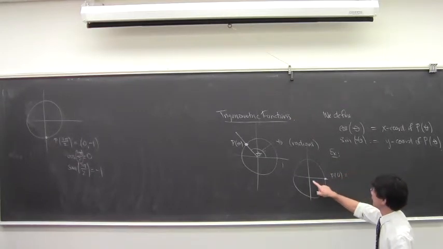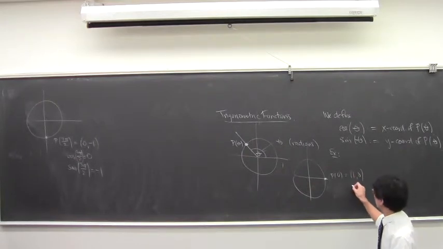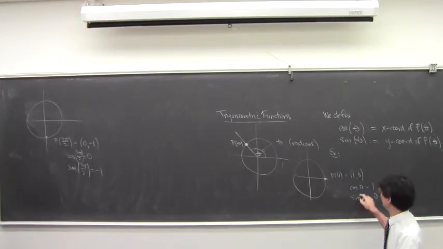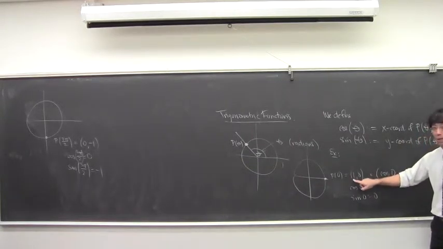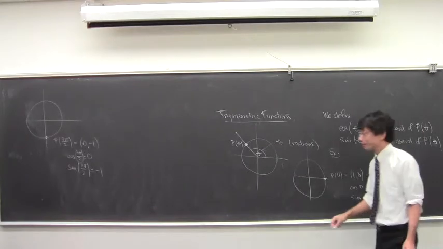You see that the coordinates are 1, comma 0. So that tells me that the cosine of 0 is 1, and the sine of 0 is 0. Oh yeah, okay, sorry. So cosine 0 is 1, sine 0 is 0. All right, awesome.